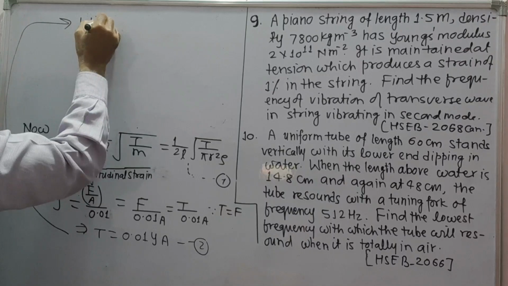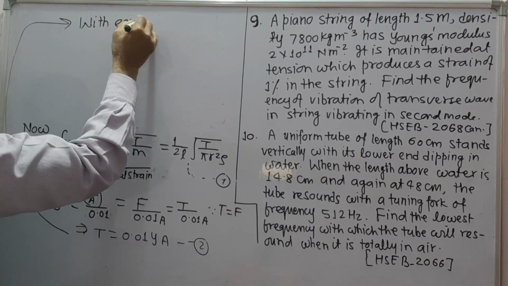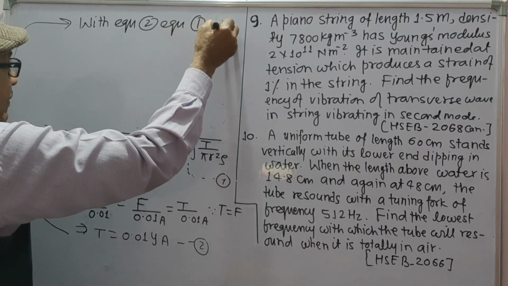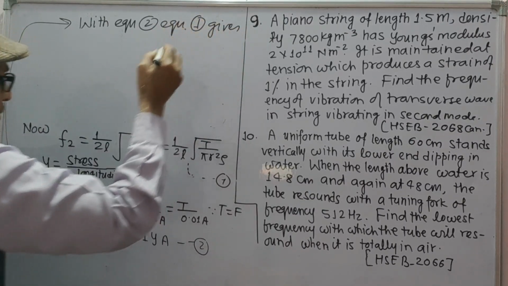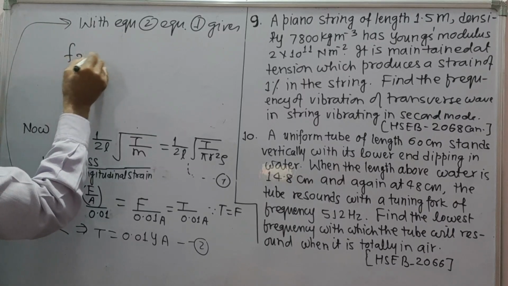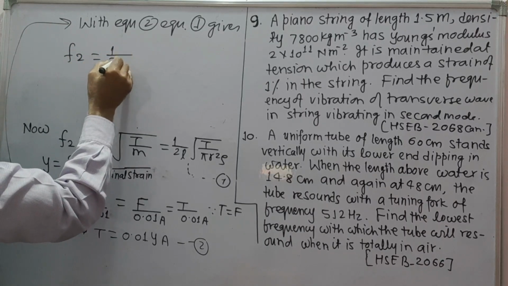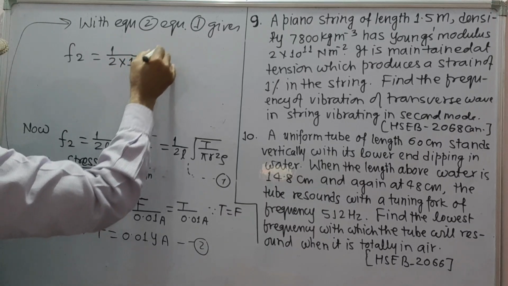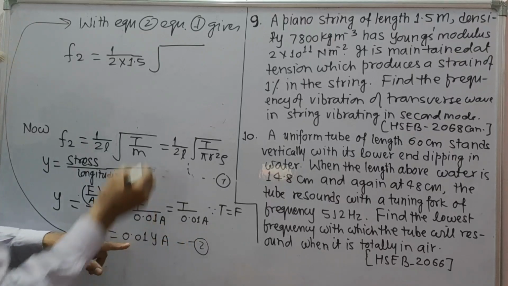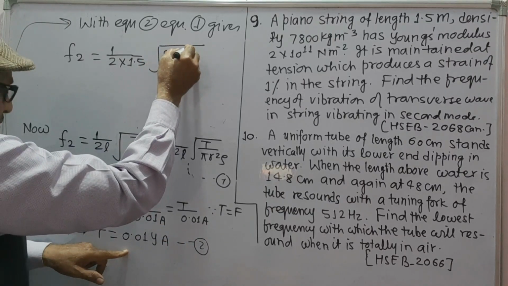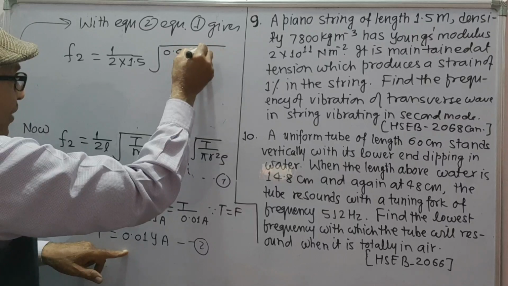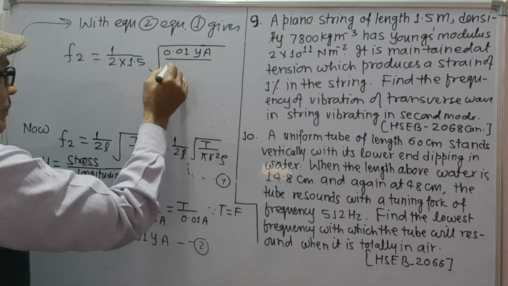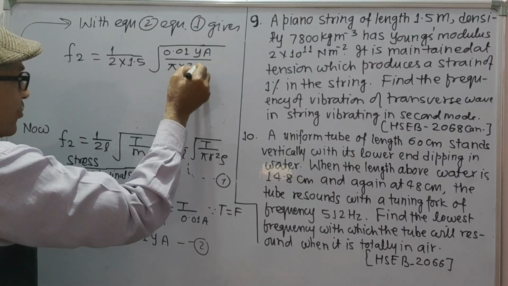With equation 2, question 1 gives F2 is equal to 1 upon 2L under root T by M, which is 1 upon 2 into 1.5, 2L under root T is equal to 0.01 Y into A upon pi r square into rho.